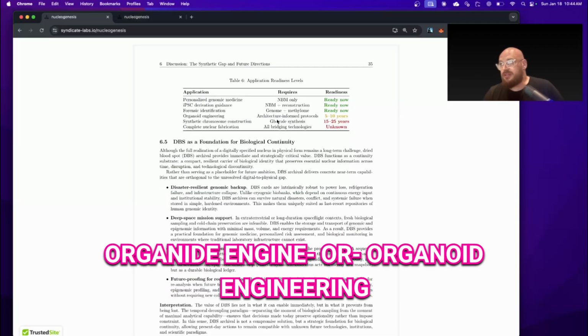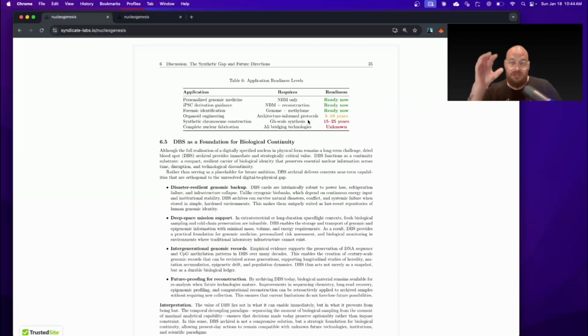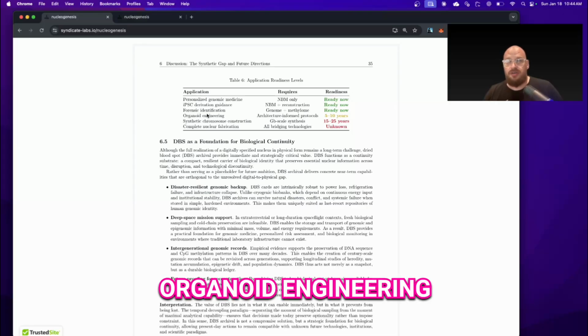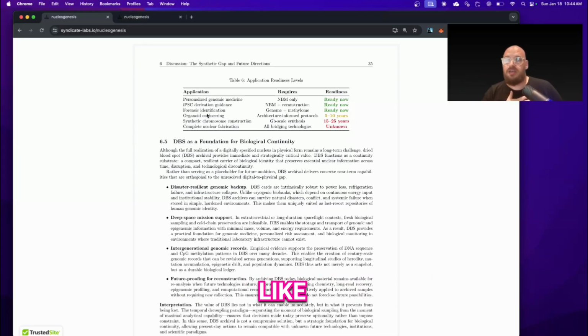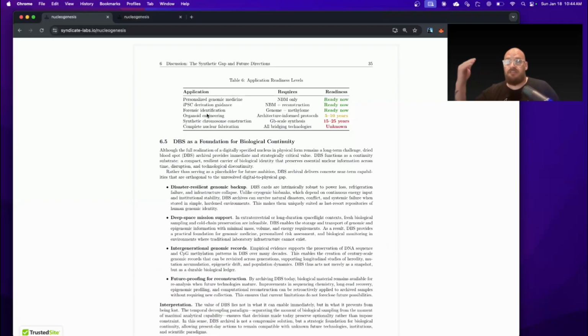Organoid engineering: maybe the NucleoGenesis framework could inform organoid engineering, especially if that field is advancing, it could help.